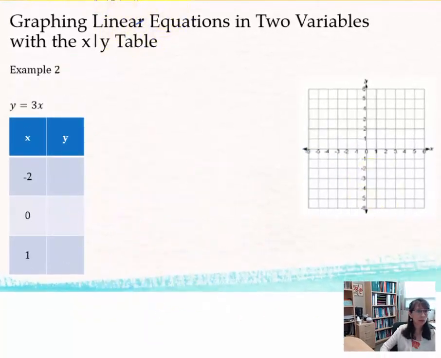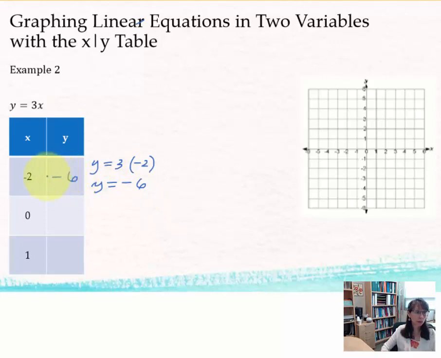In our next example, we have y equals 3x. So that looks a little bit different from our last linear equation, but we have both variables, x and y, appearing. So again, we're just going to substitute the given x value. So we would have y equals 3 times negative 2. That means y is equal to negative 6.